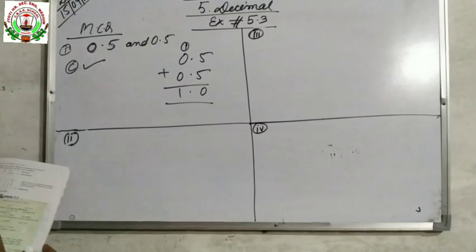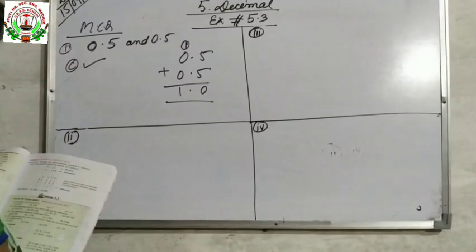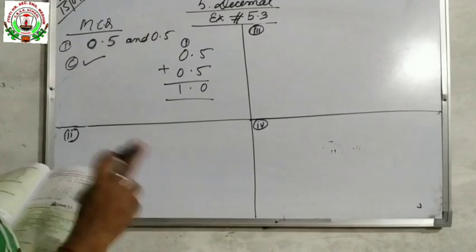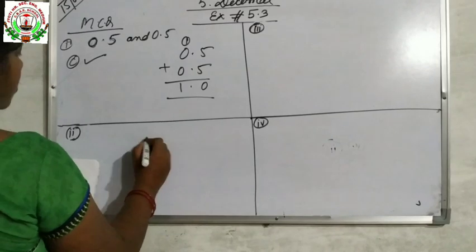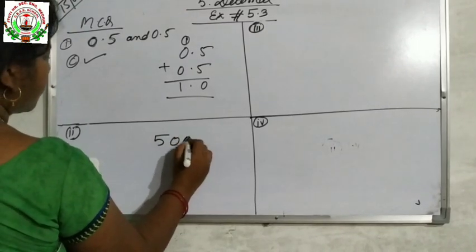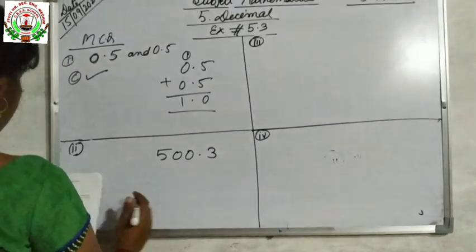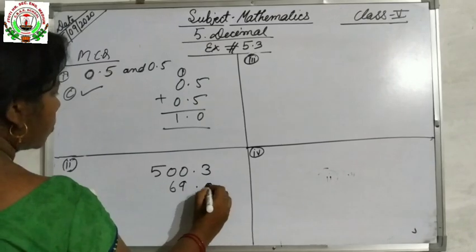In question number 2, subtracting 69.021 from 500.3, we get the difference. Difference means minus. So which is the greater number? 500.3. So first we will write 500.3 and next is 69.021.